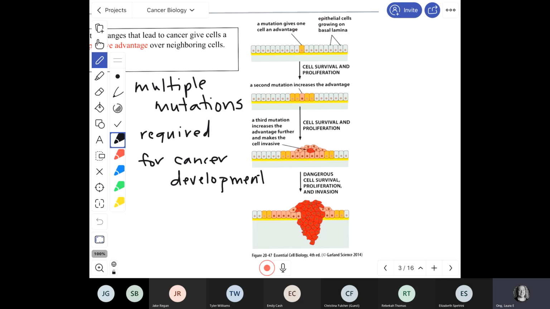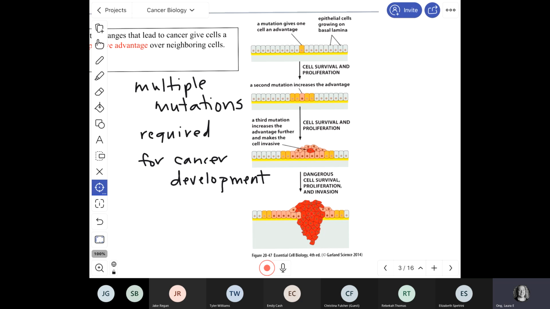So if someone starts off with a certain mutation that they've got, we call that a risk factor for cancer, and that might mean that they're kind of starting out at a disadvantage because they have a pre-existing mutation that makes cancer more likely.